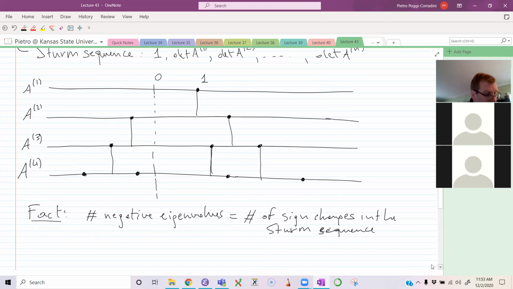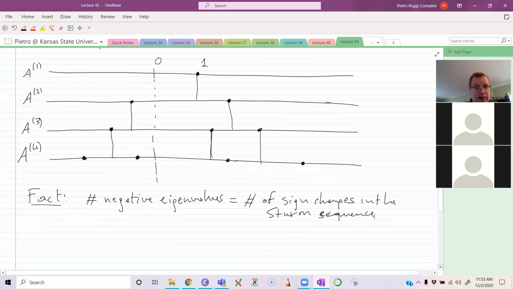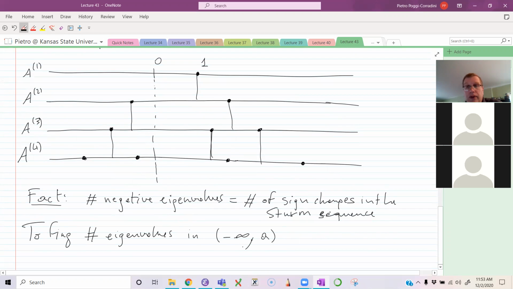So, for instance, let's say you want to find the number of eigenvalues in some interval with a other than 0.